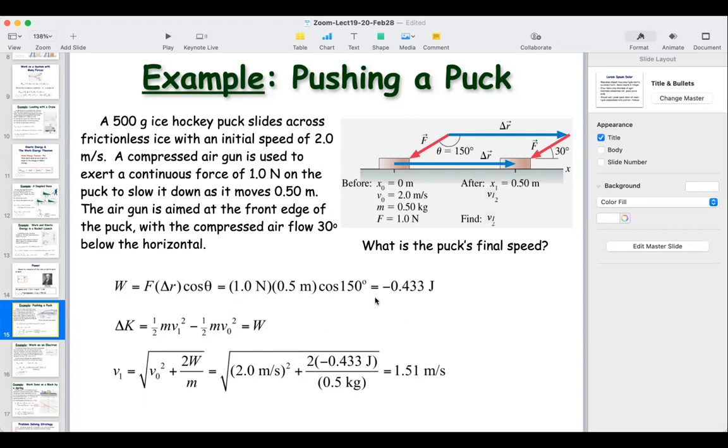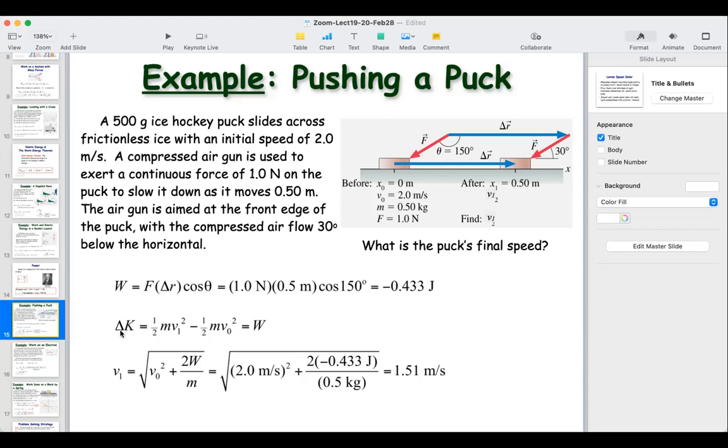If we do all this calculation, we find that the work along x is minus 0.433 joule, okay? And you can see this because the component of the force along x is in the opposite direction of the displacement. So of course you have something that is negative, okay?